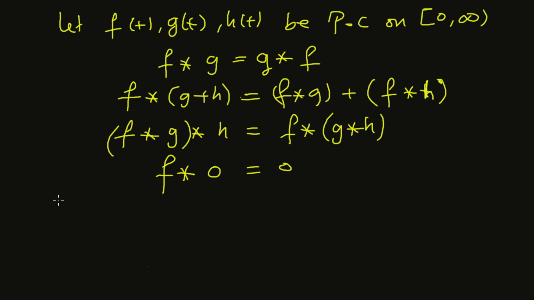Alright, let's give you a theorem. So these are properties. Maybe we switch color and give you a theorem as well. Let's say same thing, we have f of t, g of t, they are piecewise continuous on this interval 0 to infinity and of exponential order.